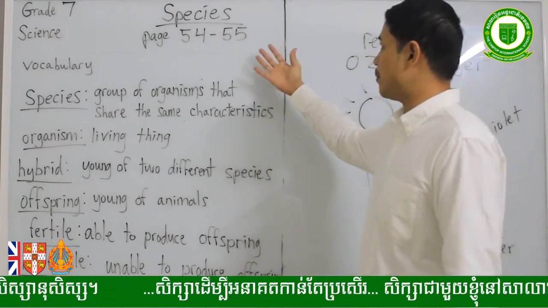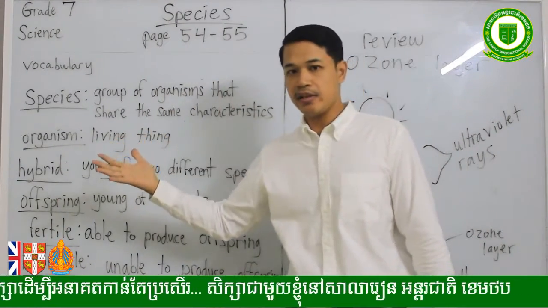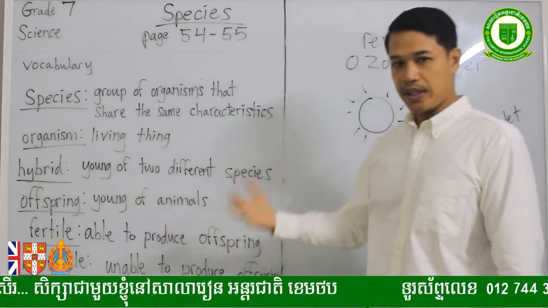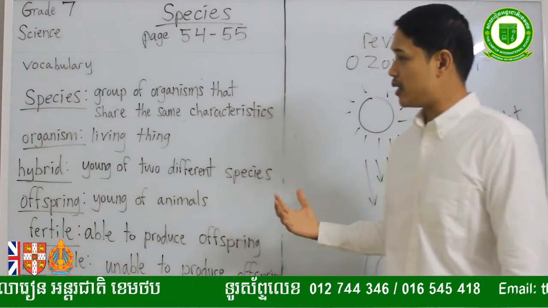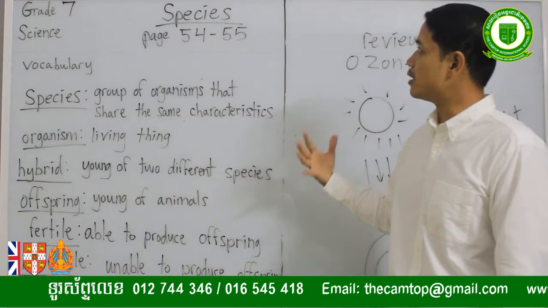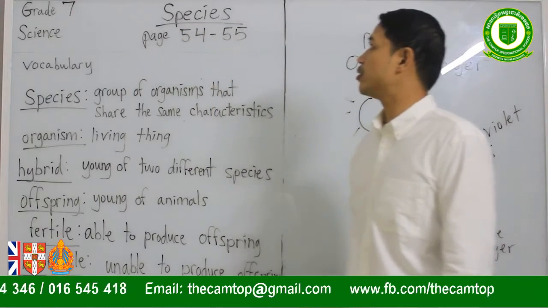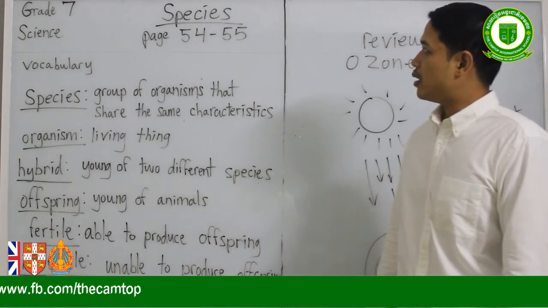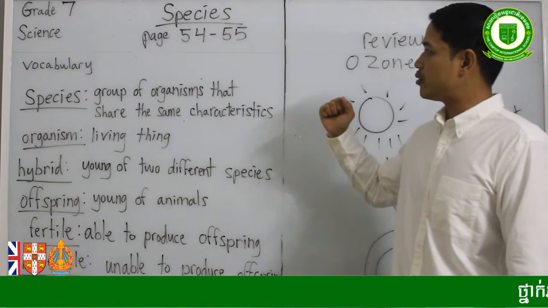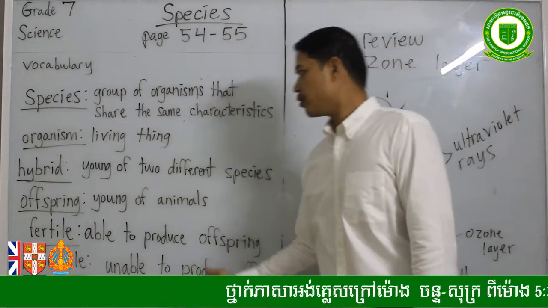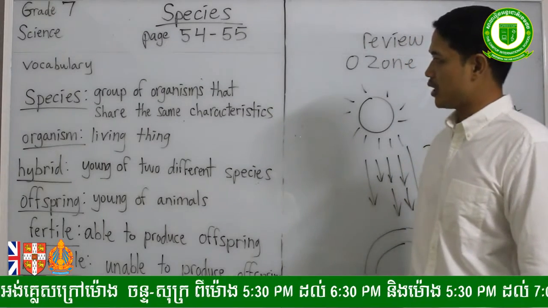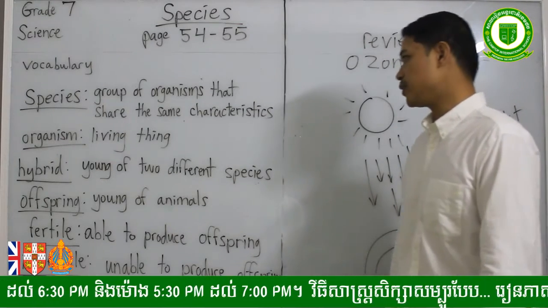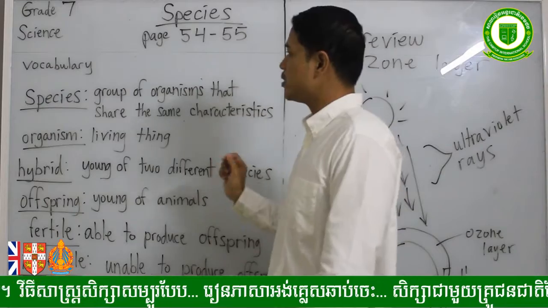You can have bacteria species, plant species, and animal species, but in our lesson we will be dealing with animal species. Before we begin, let's go over some key words so you can have a better understanding of this lesson. The first word is species.